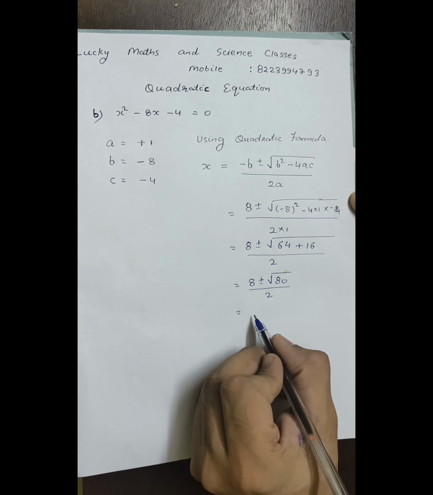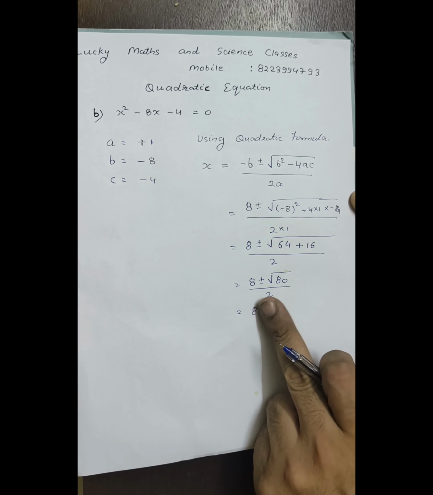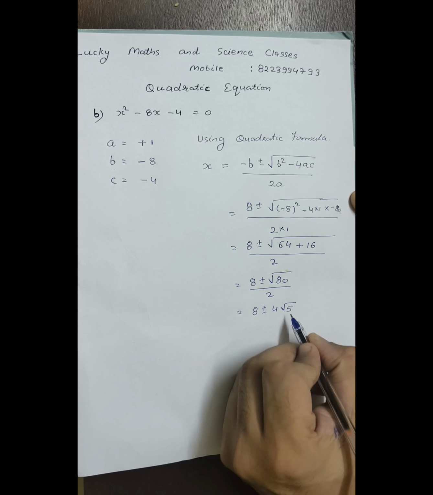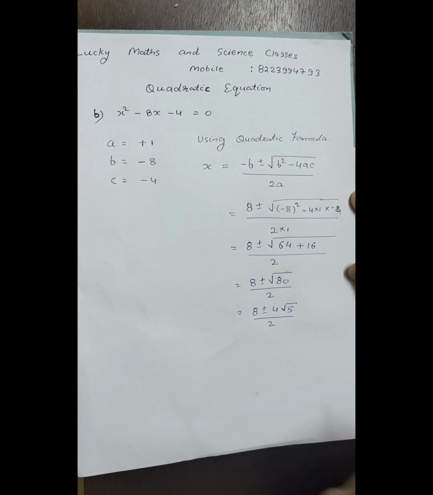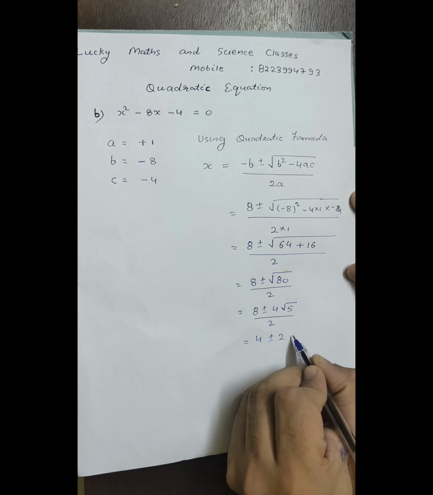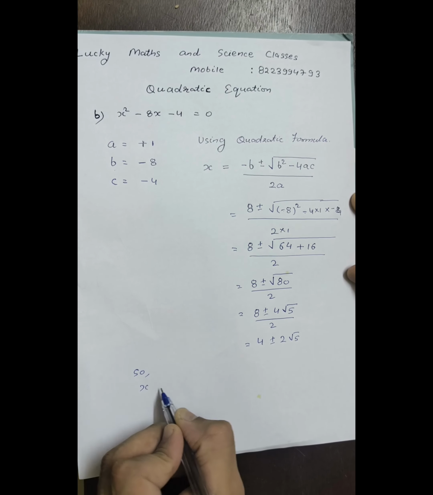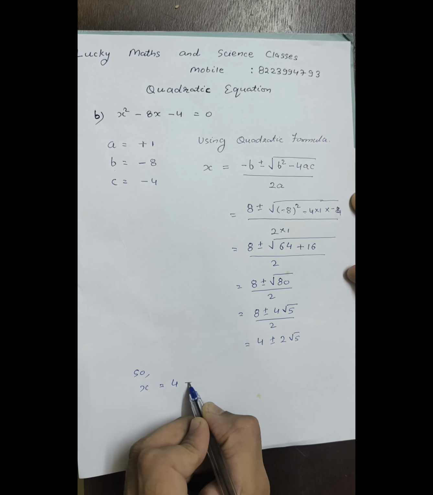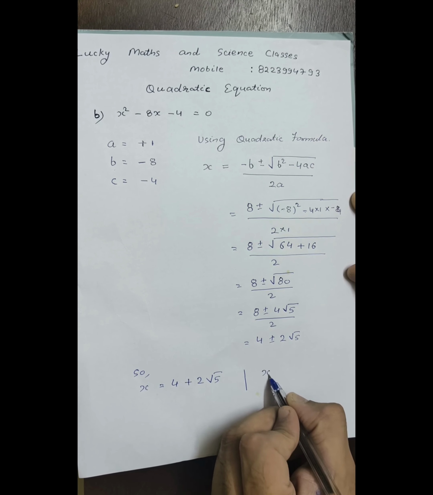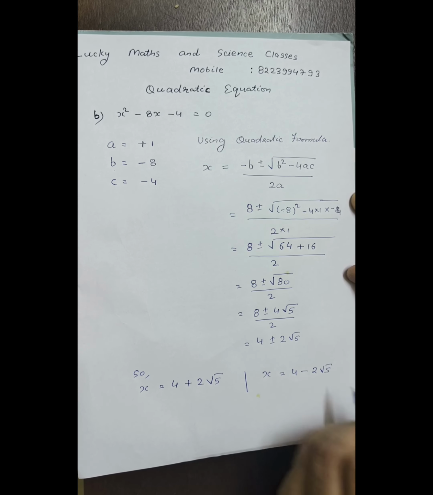Now as we know, square root of 80 is 4 square root 5, whole divided by 2, or 4 plus minus 2 square root 5. So we can say x is equal to 4 plus 2 square root 5 or x is equal to 4 minus 2 square root 5.